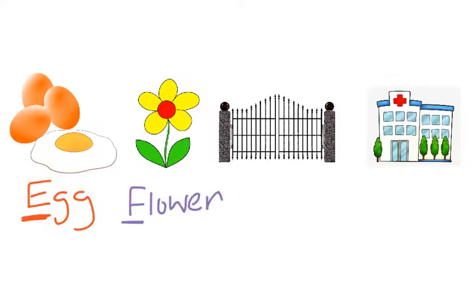And the first letter is an F. So, F for flower. Now, this is a gate. So, G-A-T-E, gate. And the first letter is a G. G for gate. And our last picture here in this page is a hospital.